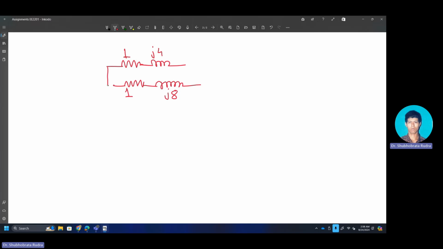Since they have equal turns ratio and everything, you can think about them like this. But the problem here is that whatever I1 is transferred to transformer 1 and I2 to transformer 2, the current I is not going to be simply I1 plus I2.